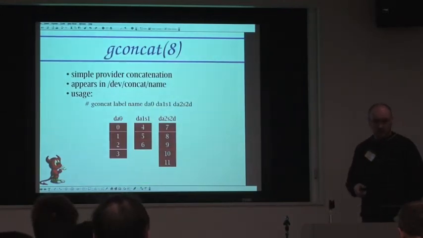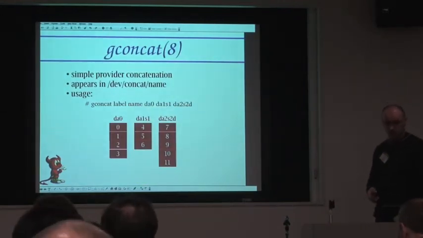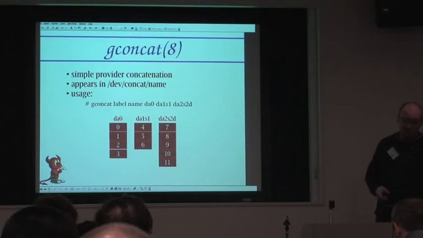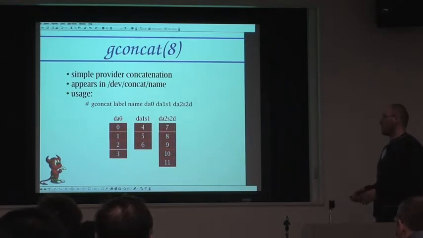Okay, now I will try to enumerate and describe some GEOM classes I implemented. And the first one, probably the simplest one, was gconcat. It is used for just concatenating GEOM providers. And you can concatenate any GEOM providers.